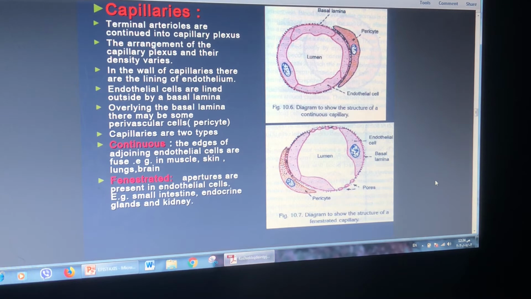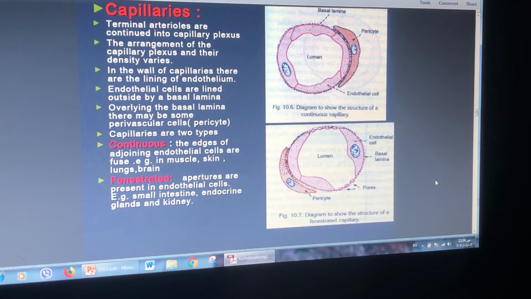Now, capillaries. The terminal arterioles continue into the capillary plexus. The arrangement of the capillary plexus and its density vary. The wall of the capillary has a lining of endothelium.